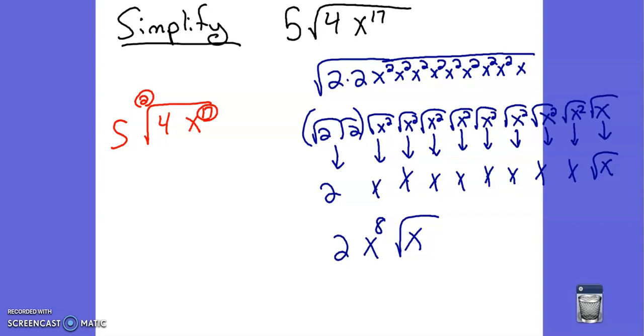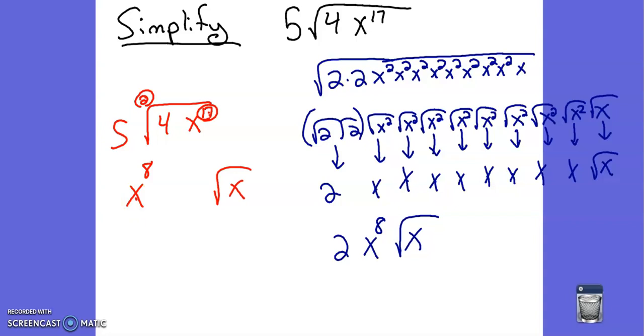It goes in 8 times, and so that's x to the 8th on the outside, and there's 1 remaining. You're dividing 17 by 2, and there's 8 of them, and there's 1 remaining. So 8 of them go outside, and then 1 remains on the inside.